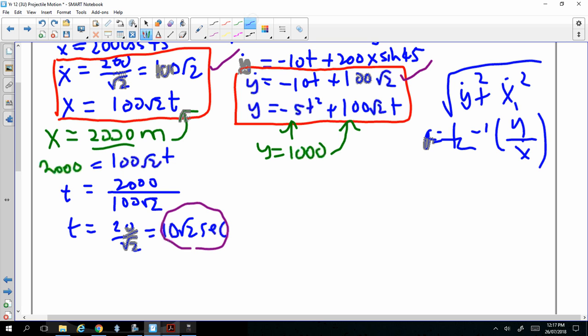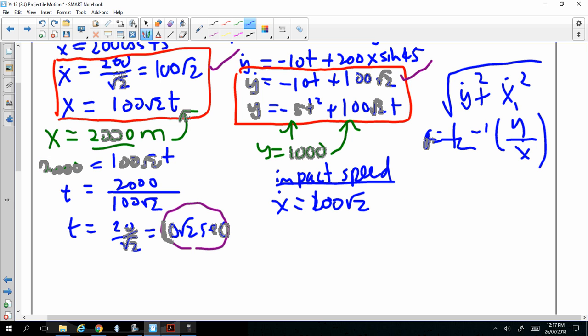So you go x dot, which is just 100 root 2, but y dot, you have to substitute t equal to 10 root 2. Substitute that in, so you get negative 10 times 10 root 2 plus 100 root 2.